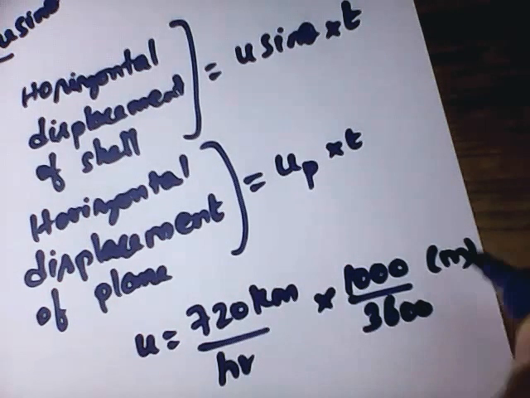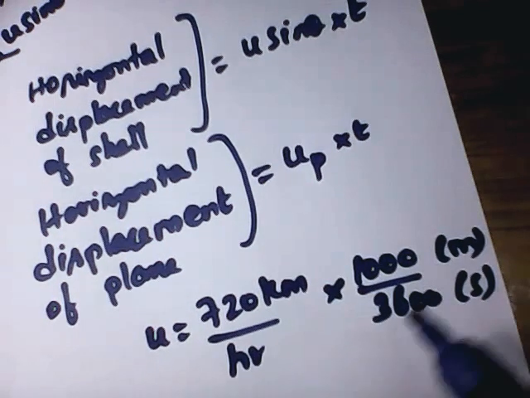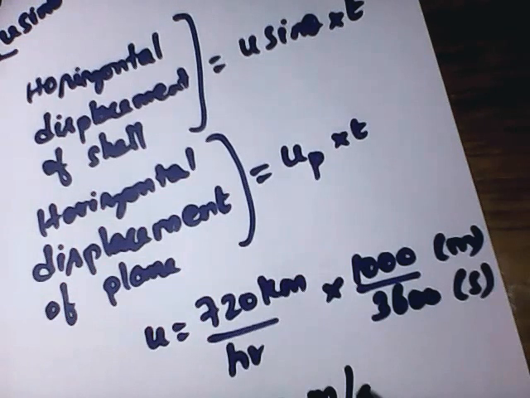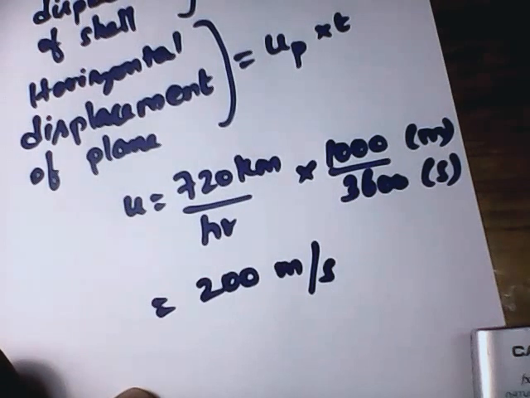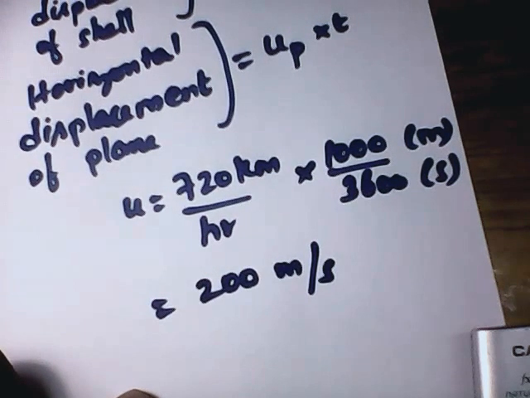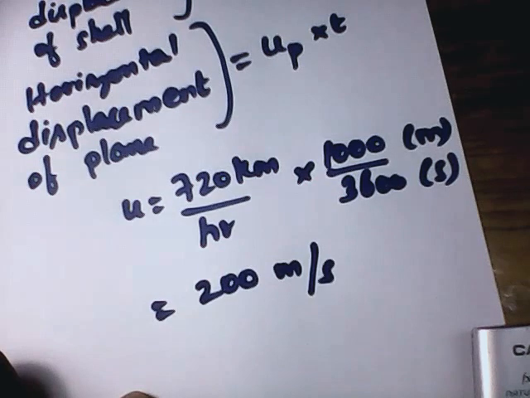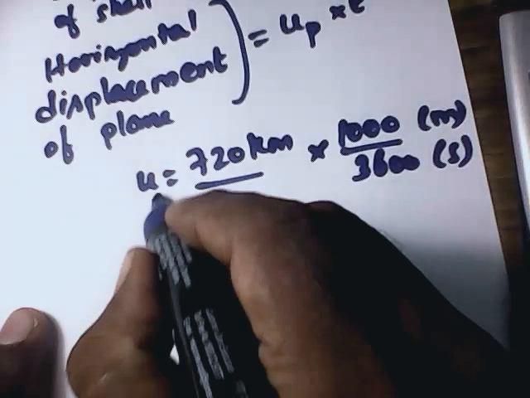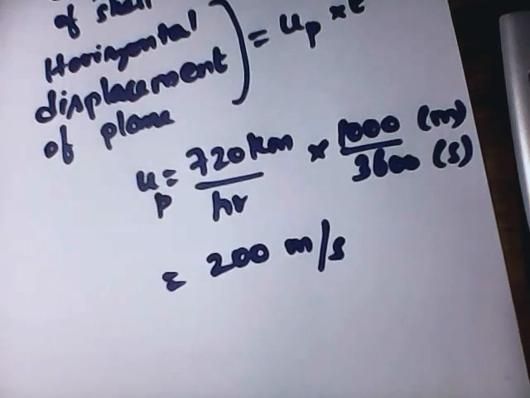This is the conversion to meter, and this is conversion to second. 720 into 1000 divided by 3600, which comes to 200 meter per second. This is the velocity of plane.